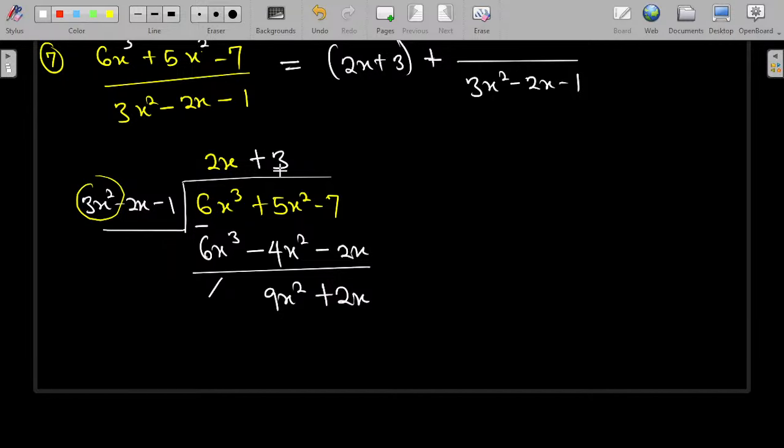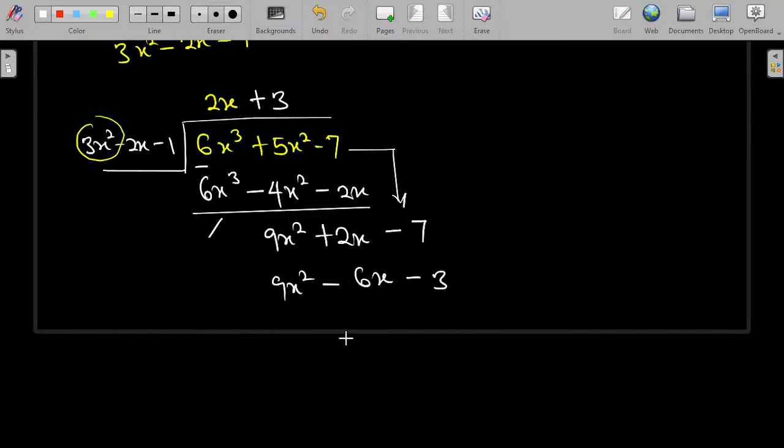Okay, so you see that that's how this 2x plus 3 was gotten. The 3 will multiply through again, so we will have 9x squared, and then 3 times minus 2x will be minus 6x, and 3 times minus 1 will give us minus 3. So we will drop down this 7, and of course it will be minus 7.